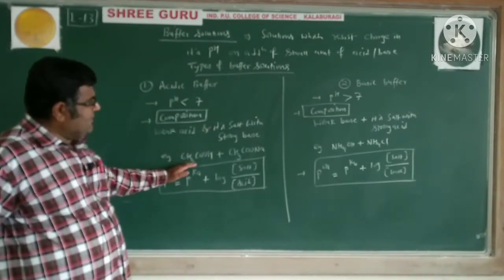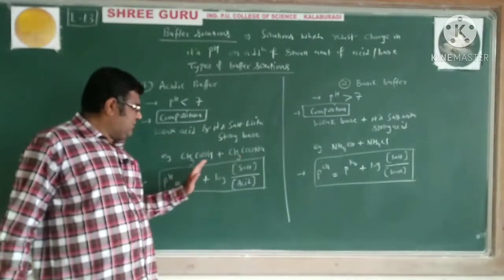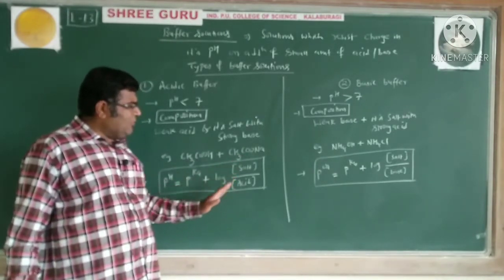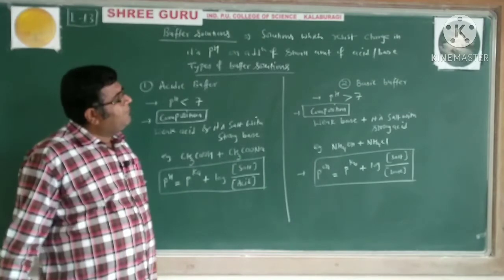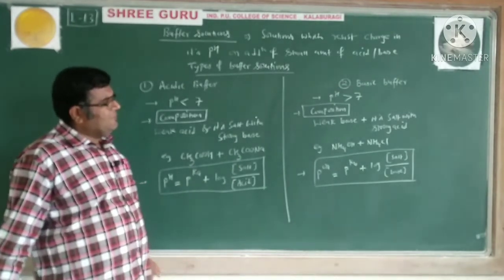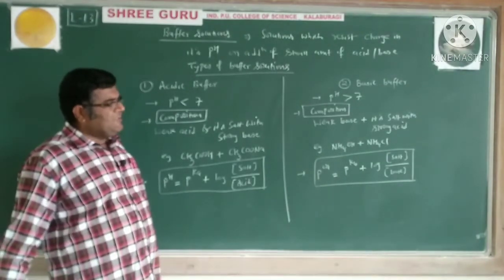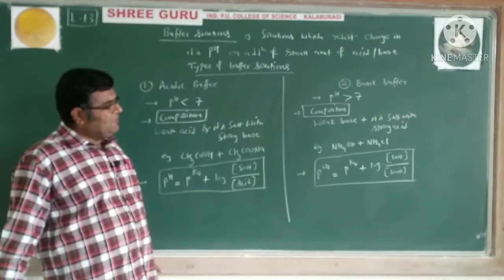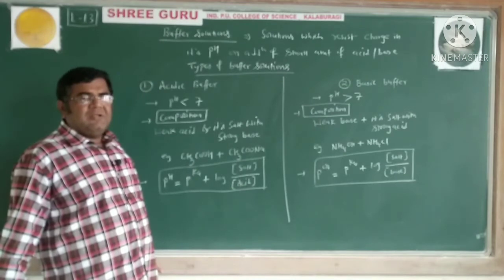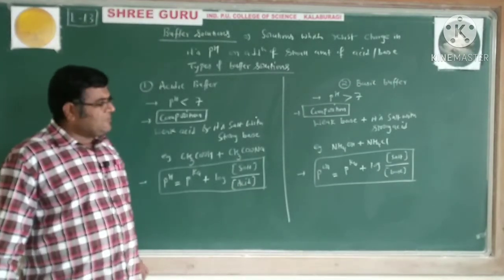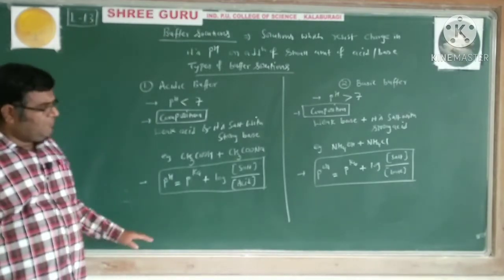Example is acetic acid and sodium acetate. pH is equal to pKa plus log of molar concentration of salt divided by molar concentration of acid. Basic buffer: pH is more than 7. It is made up of a weak base and its salt with a strong acid. NH4OH plus NH4Cl is its example. And pOH is equal to pKb plus log of molar concentration of salt divided by molar concentration of base.